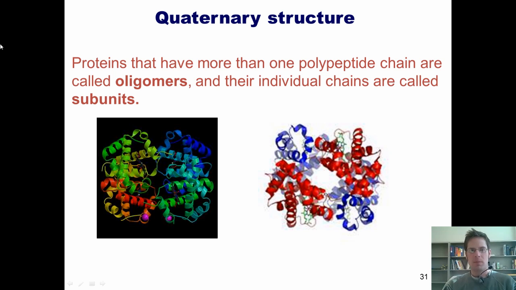As it turns out, proteins that have more than one polypeptide chain are called oligomers. And their individual chains are called subunits. So I could look at one big cluster and say that's an alpha subunit and this is a beta subunit, and they interact together to form this protein. This protein that I've shown here is hemoglobin.